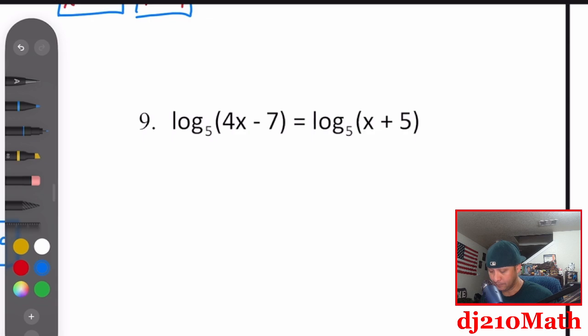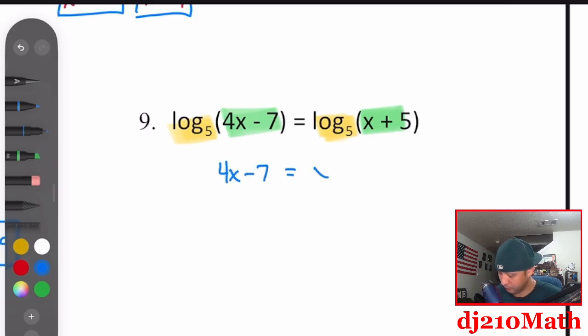All right, number 9. Even better. The logs are already on each side. So all I have to do is set their arguments equal to each other. So 4x minus 7 is equal to x plus 5. Minus x, 3x minus 7 is equal to 5.